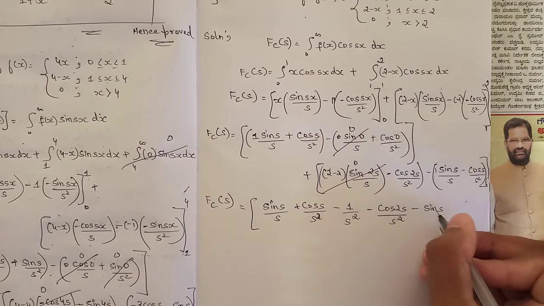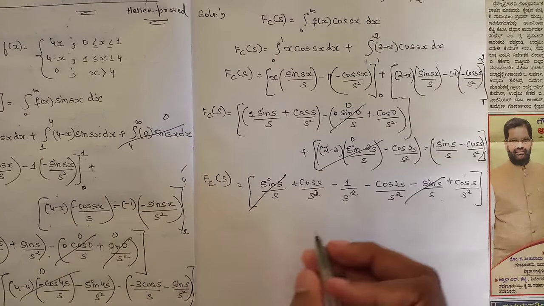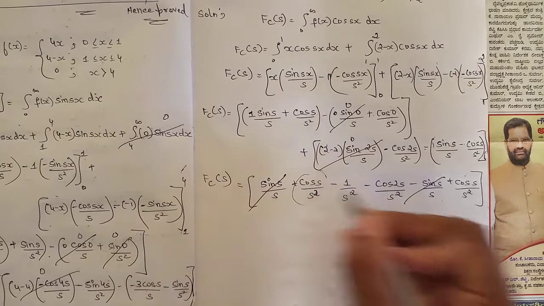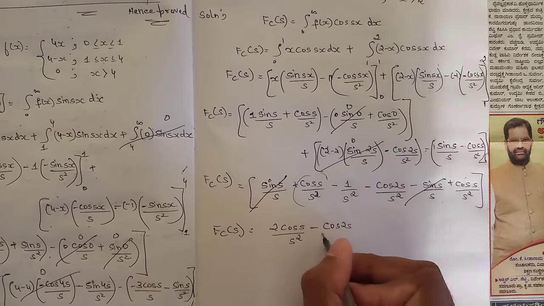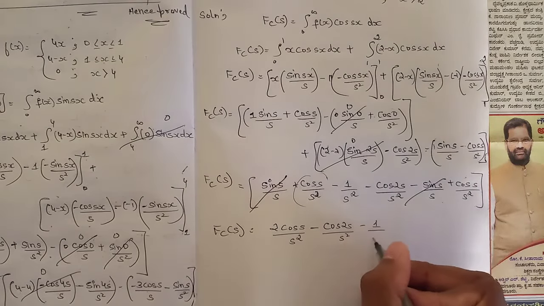So here we can cancel sin s by s and minus sin s by s, right? And we can add cos s by s square and cos s by s square. So the remaining terms are 2 cos s by s square minus cos 2s by s square minus 1 by s square.